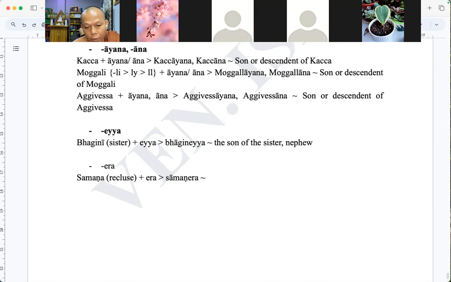So samanera is a novice, but literally, so they are produced by the monk, recluse. They cannot be themselves. So the son of the recluse, but that means a novice in this way. A novice. That is with the era suffix.